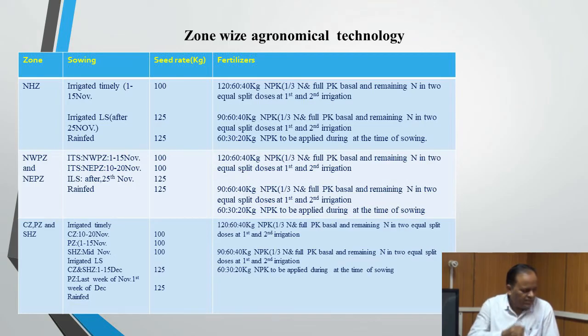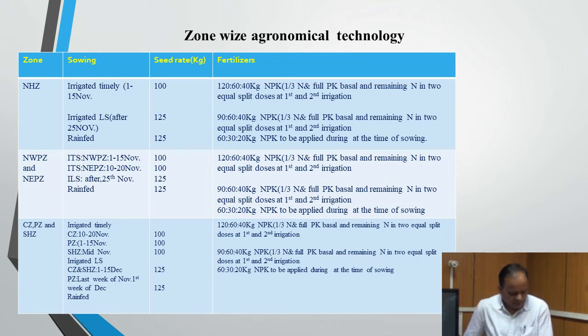In northern hill zones, for irrigated late sown condition, the sowing date is 25th of November. The seed rate will be 125 kg. But here the fertilizer dose will be decreased.